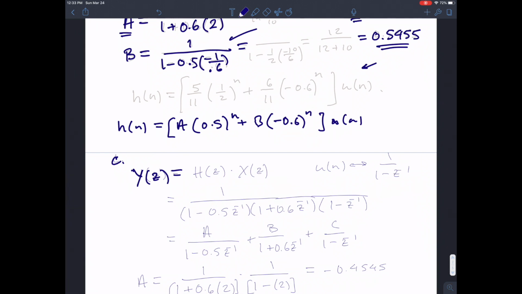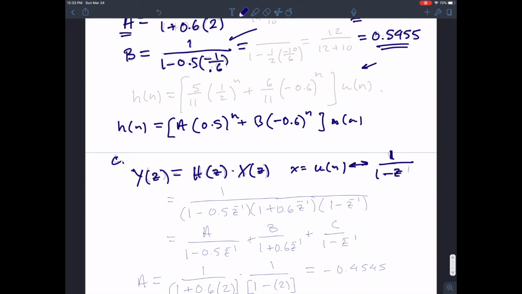Okay, so Y of z, we know from the convolution property that Y of z is going to be H of z times X of z. It's a unit step as the input, so x is equal to a unit step. I can look this up. Actually, I should have this on my formula sheet.